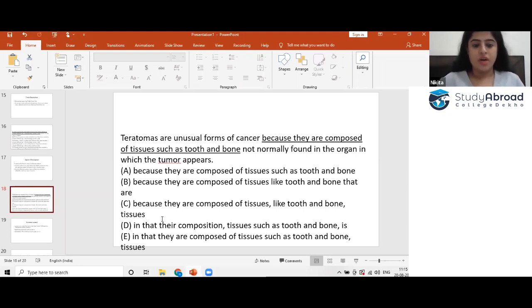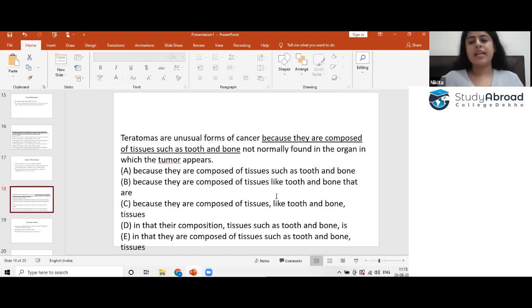Now you see what B and C options have in common. B says tissues like tooth and bone, and C also says tissues like tooth and bone. You see that I traced out one of the differences: some options are using such as, and B and C are using like.